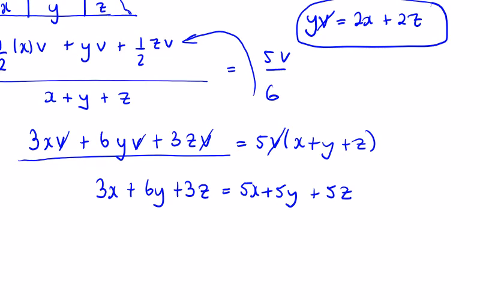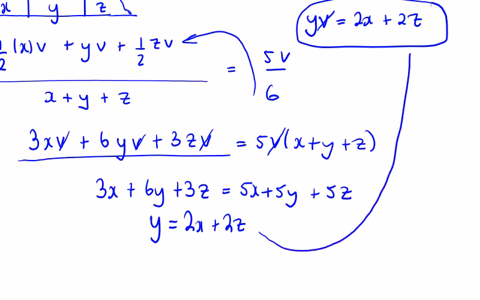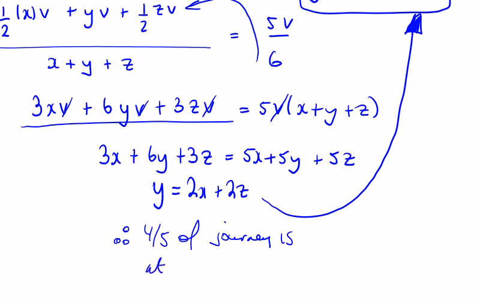So let's leave y on its own. 6y minus 5y is y is equal to 5x minus 3x, yeah, it does work out nicely for us, and 5z minus 3z, plus 2z. So you can see here that what we've shown is, if that's the case, then 4/5 of the journey is at constant speed.